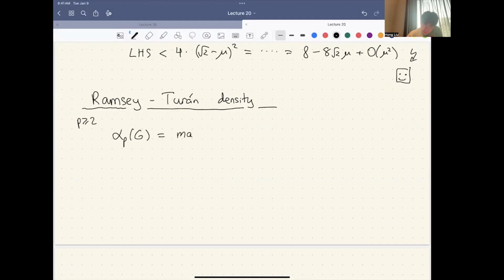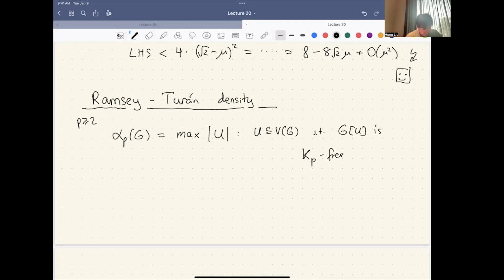That's the maximum size of a set of vertices U, a subset of the graph G, such that G induced on U is K_p free. That's the p-independence number. When p equals 2, this is just the normal independence number. We've seen this definition in the Erdős-Rogers function, a generalization of the independence number.